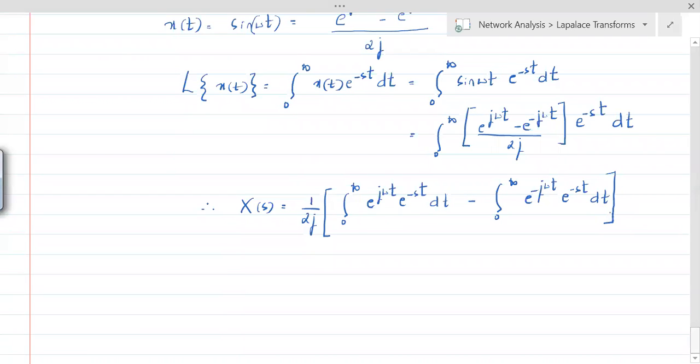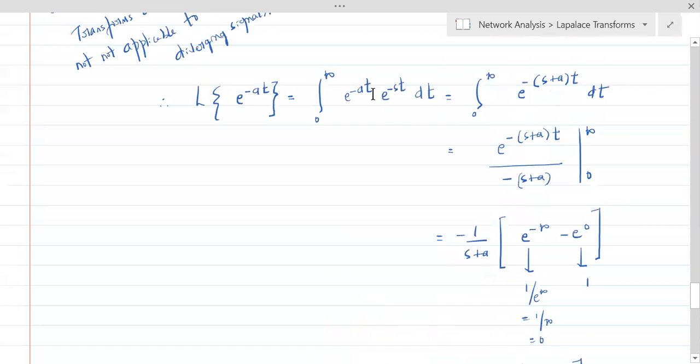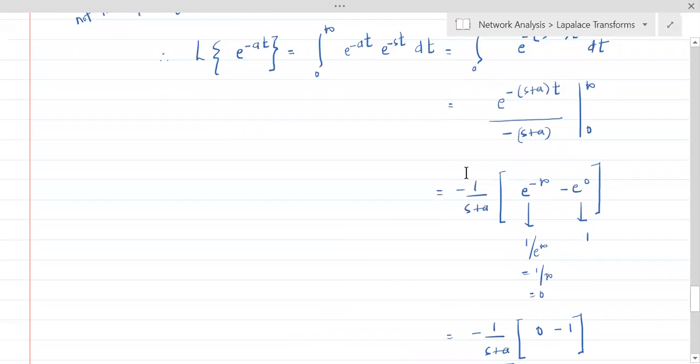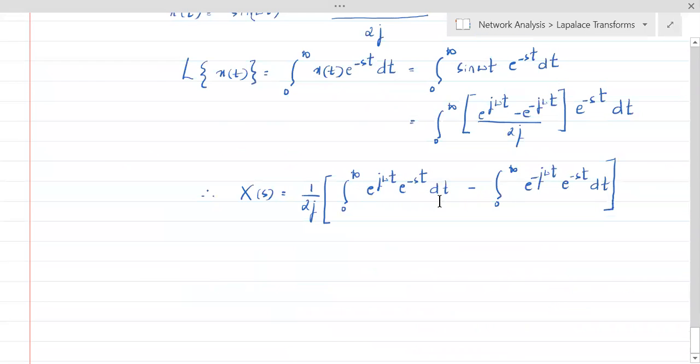Now you have two exponentials as we have done in the previous derivation. If you have exponentials, combine those exponentials to have one exponential. So in both the terms we have two exponentials, so combine them into one exponential.